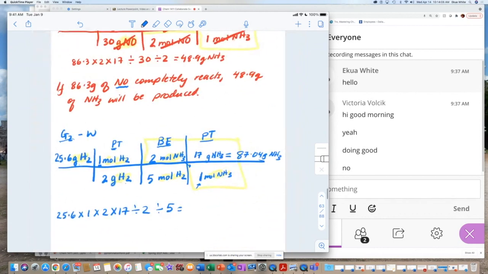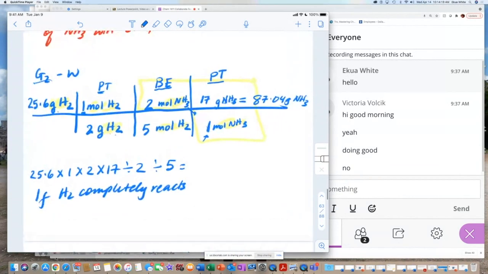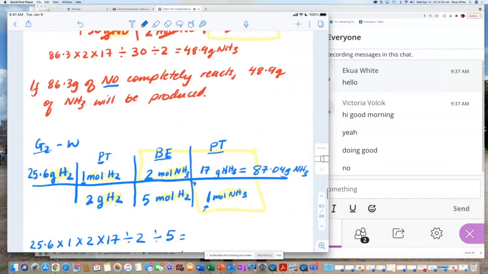So here's the thing. What we're saying is, if H2 completely reacts, and if it's completely reacting, then it's a limiting reagent.